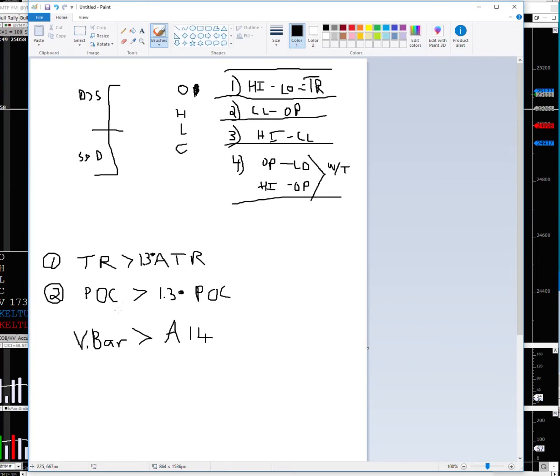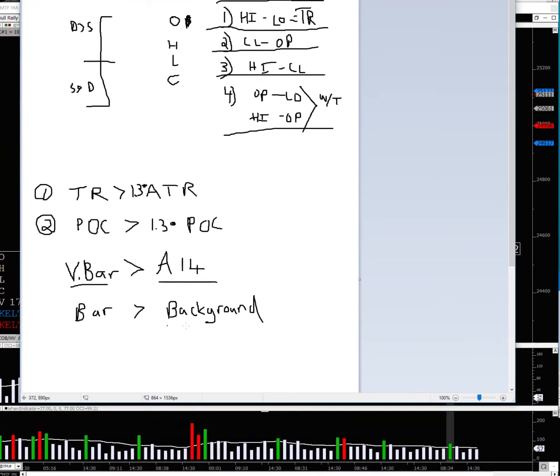So this right away will allow you to compare the bar to the background. Get it? Comparing the bar to the background on the chart. And that sets up part of the context. There are other components of context. I'll discuss that later, but that's the idea.